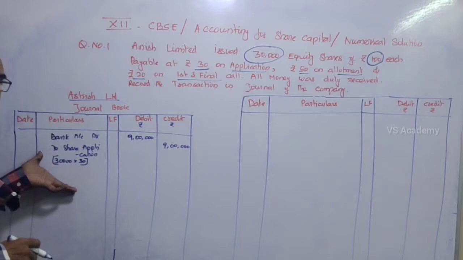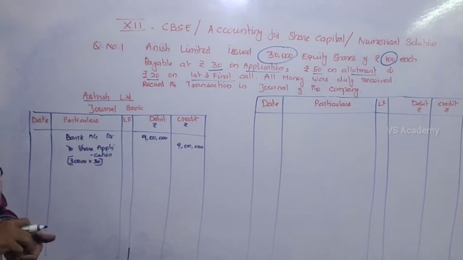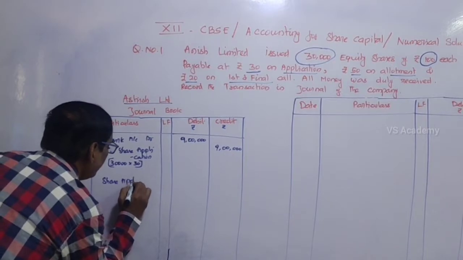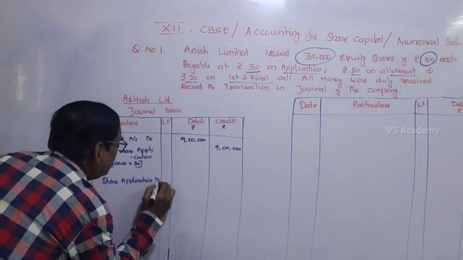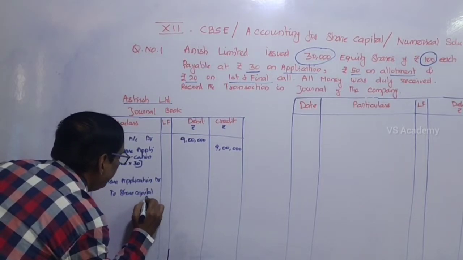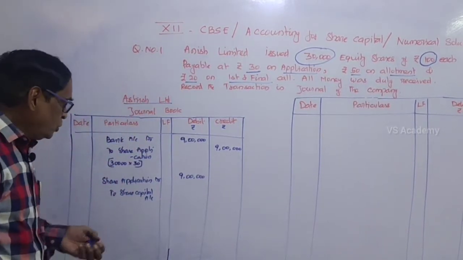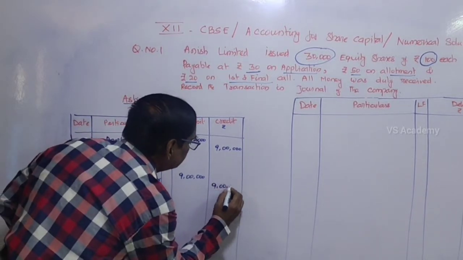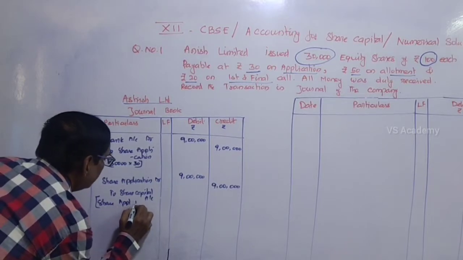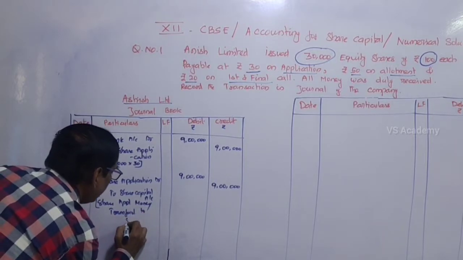As soon as we receive this amount, we have to transfer it to the respective capital account. So share application account debit to share capital account. That means the same 9 lakh rupees is transferred from share application to share capital.